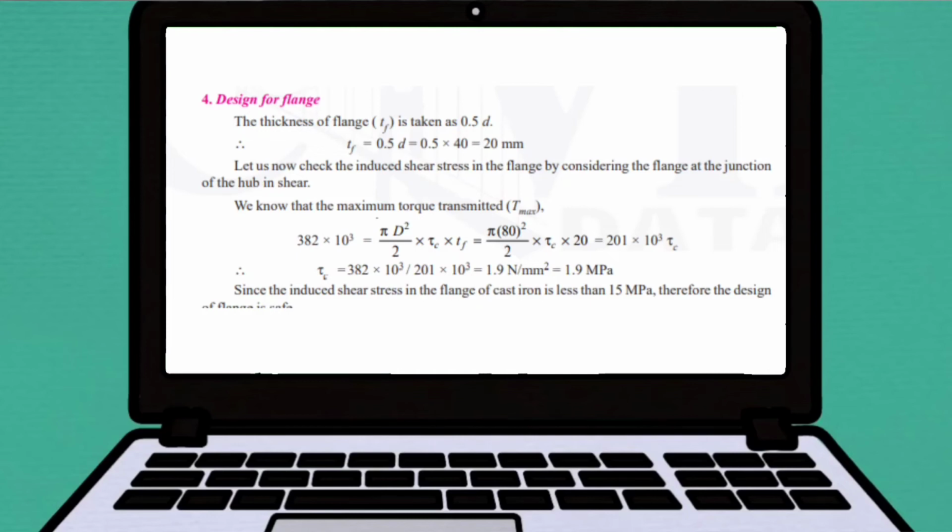Equating again, τc would be equal to 382 × 10³ over 201 × 10³, giving 1.9 MPa. Since the induced shear stress in the flange of cast iron is less than 15 MPa, therefore our design of flange is safe.